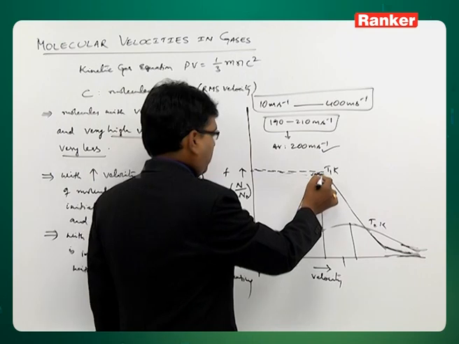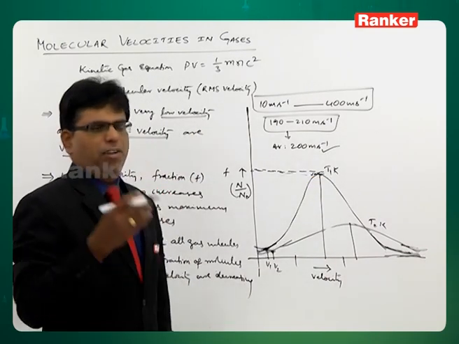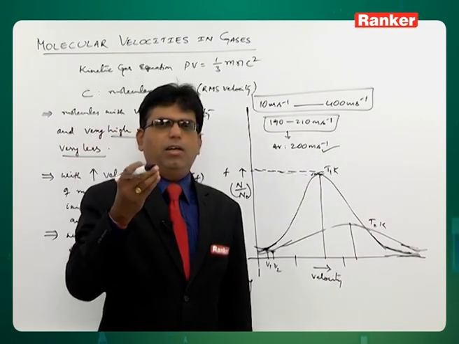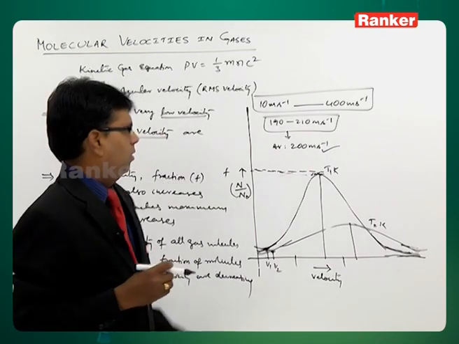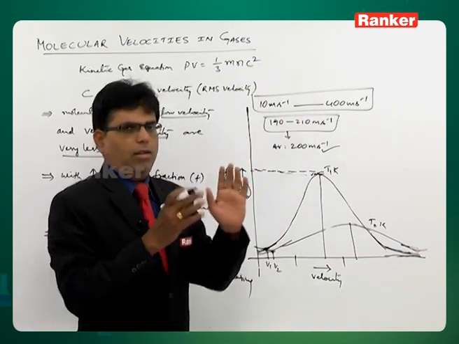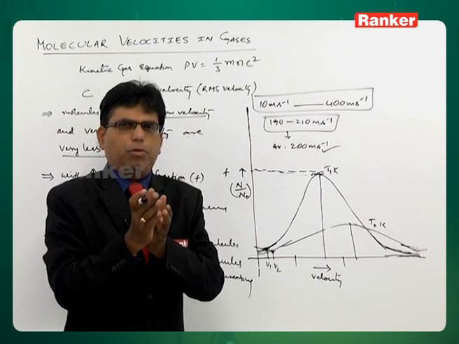So first the average velocity was given, but the problem is that, as we said, the average of all may be either 200 or 100.